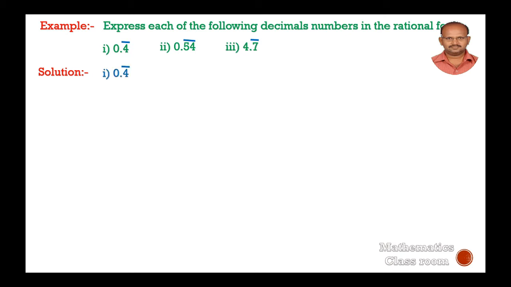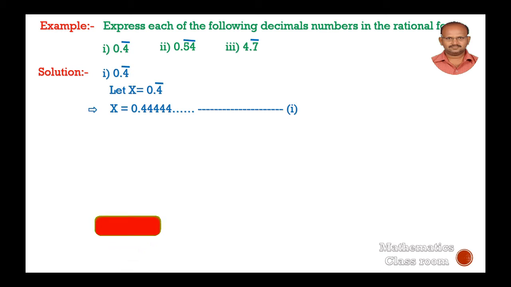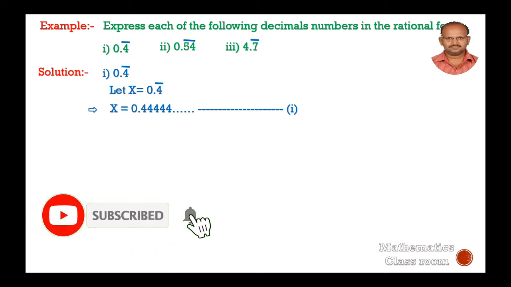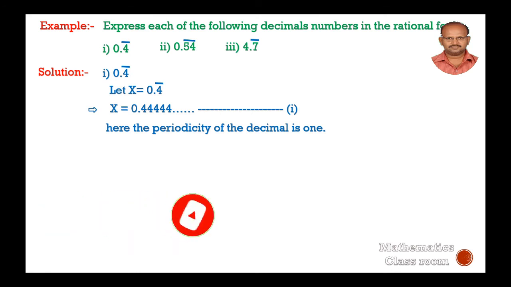let x is equal to 0.4 bar on 4, then x is equal to 0.444 and so on. It is equation number 1. Here the periodicity of the decimal is 1.